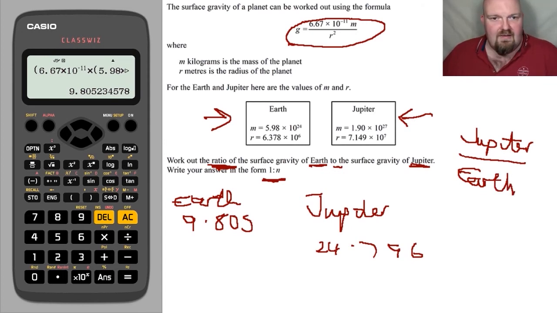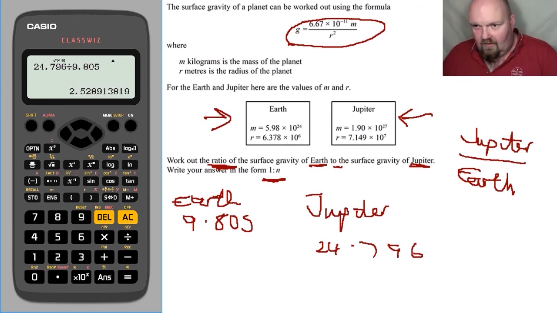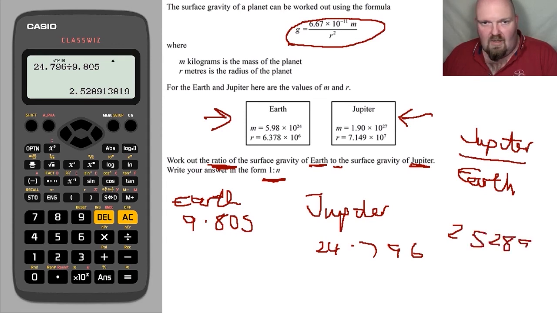So Jupiter divided by Earth. That will give me 24.796 divided by 9.805, which, with this rounding, gives an answer of 2.5289 and so on. Okay.